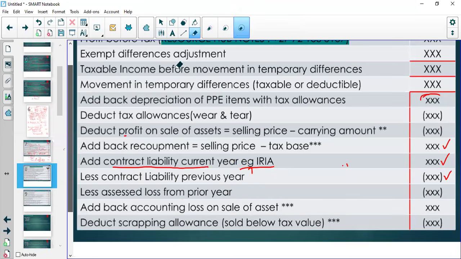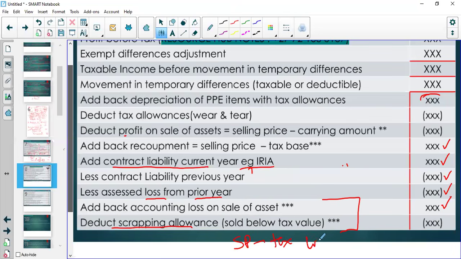Okay, and if there's any assessed loss from the previous years, we must also subtract it. And the same applies in the case of a loss. If we sell an asset at a loss, we need to add back the accounting loss and we deduct scrapping allowance. Scrapping allowance is the selling price minus the tax base.